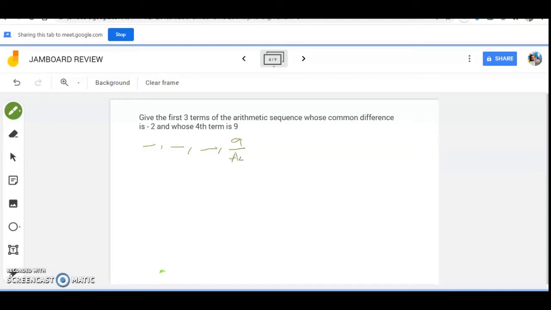This is a sub 4. Now, ang common difference daw niya ay -2. So, paano natin hahanapin ngayon yung 3 missing terms? Anong gagawin natin dyan? Ano kaya ang pwede muna nating hanapin?